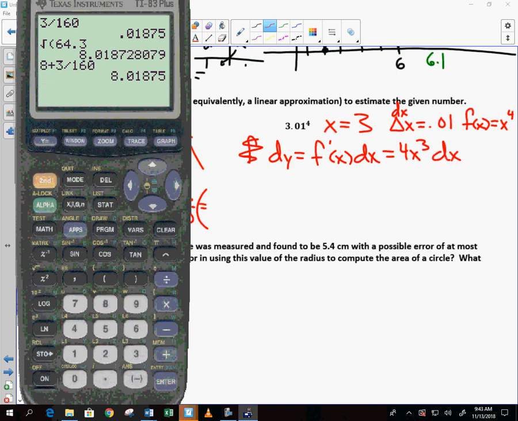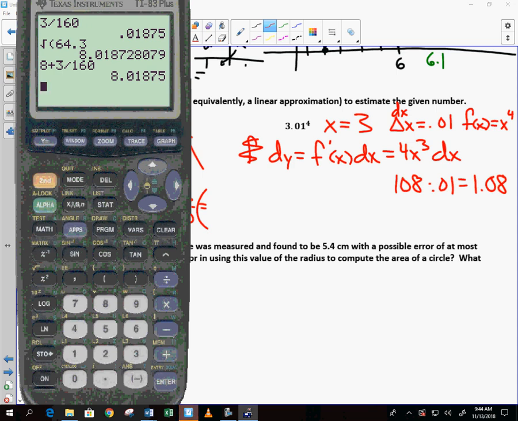What do I plug in for x? 3. What is 3 to the third? 27. 27 times 4? 108 times 0.01. So that will be 1.08.